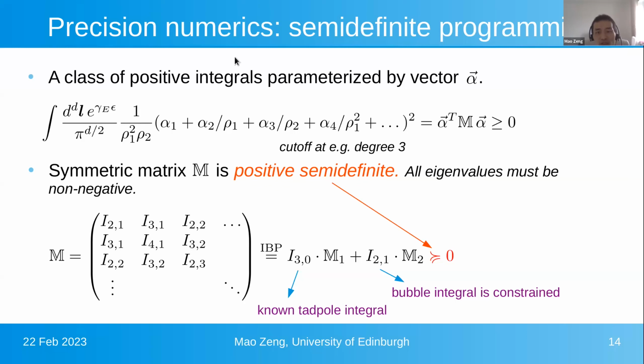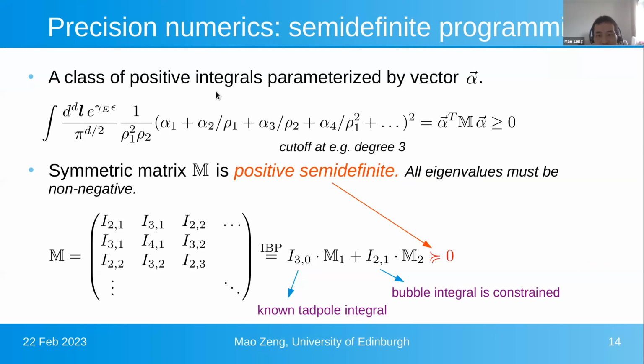This symmetric matrix just captures all the coefficients of this polynomial in alpha i. Since I know that this expression is positive semidefinite for any alpha i parameters, I know that the symmetric matrix M is positive semidefinite. Stated in another way, by elementary linear algebra, I know that all eigenvalues of this symmetric matrix must be non-negative.